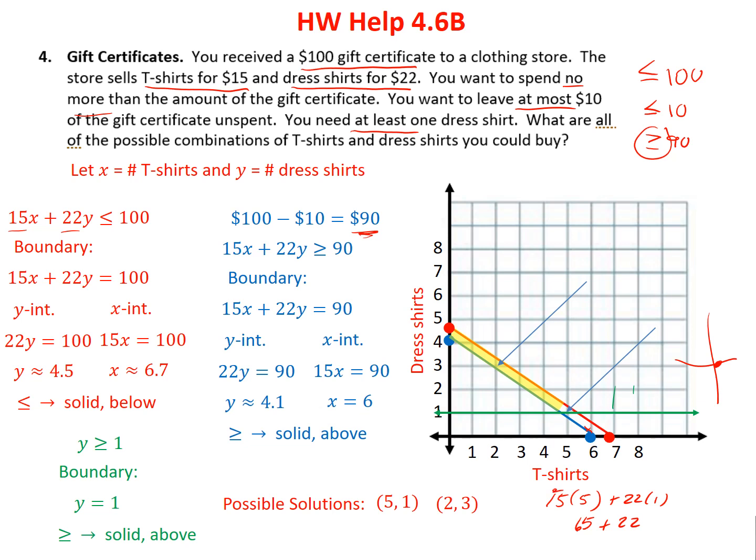Sorry for that error. So this is going to be 75 plus 22. And so that adds up to $97. And notice that is less than 100 and it's greater than 90. So I've tested that, and that's the solution.